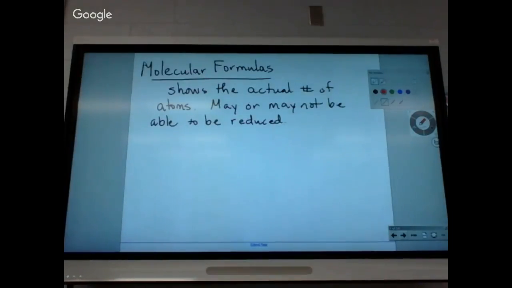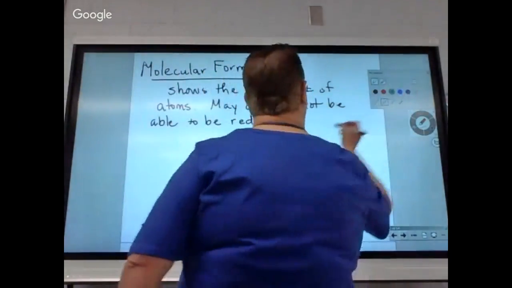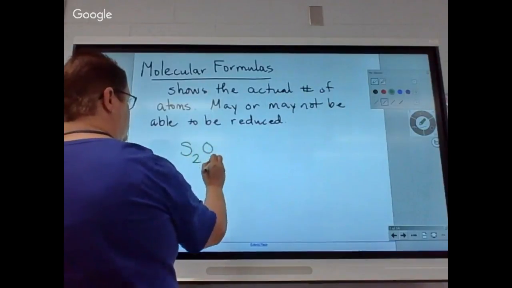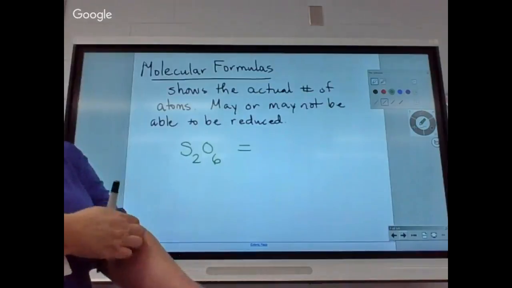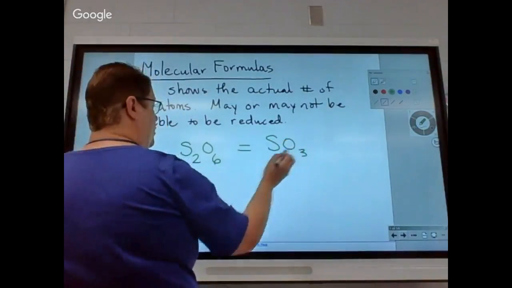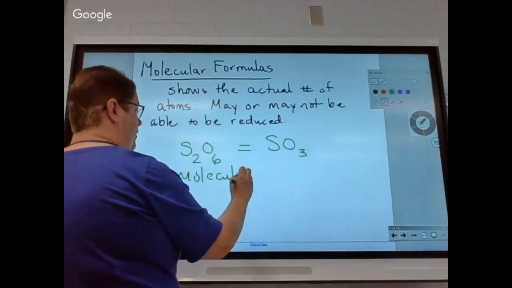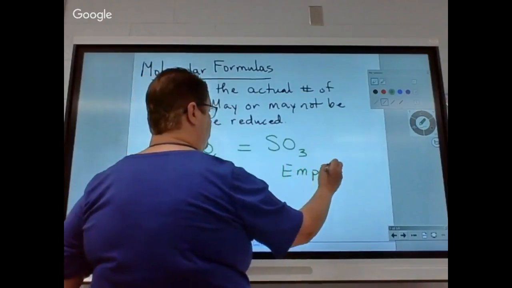So this goes back to what we did at the very beginning. Some of these may be able to be reduced. So it might be something like what we did before the test, like if you had S2O6, S2O6 can be reduced into what? SO3. So this would be the molecular formula, and this would be the empirical formula.